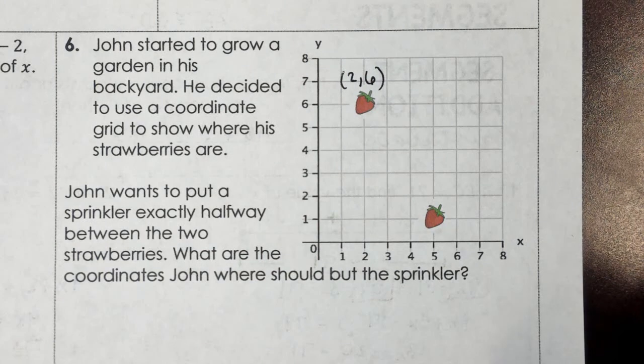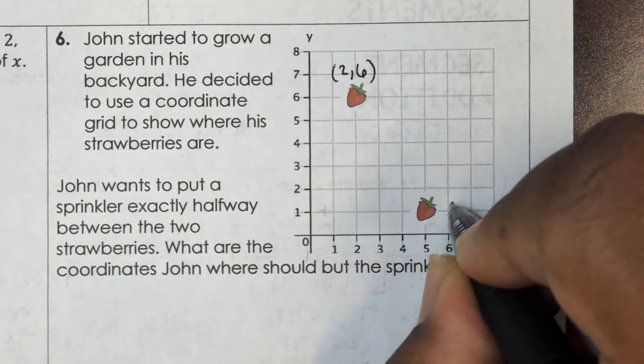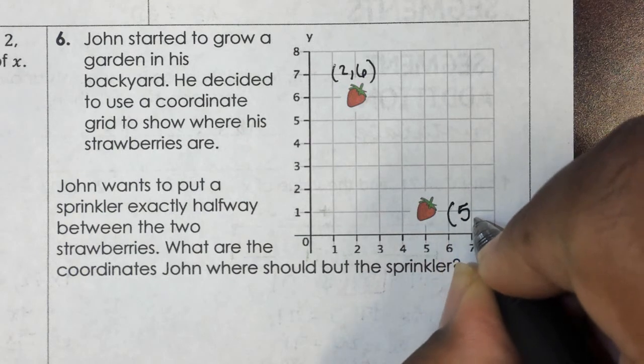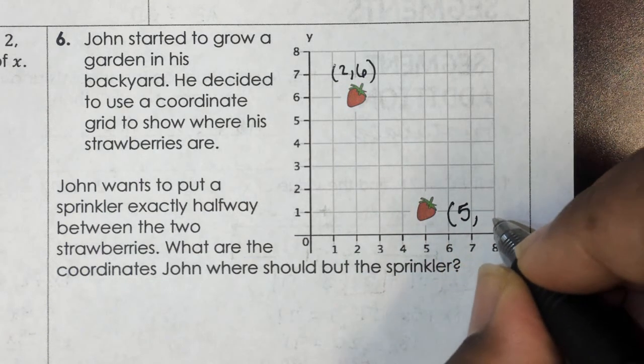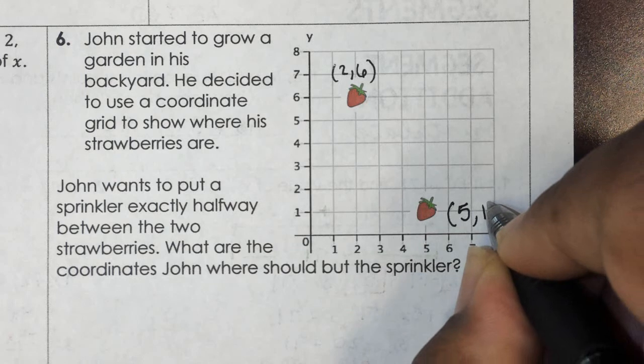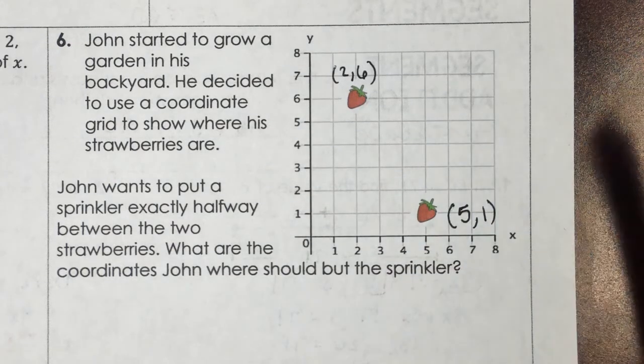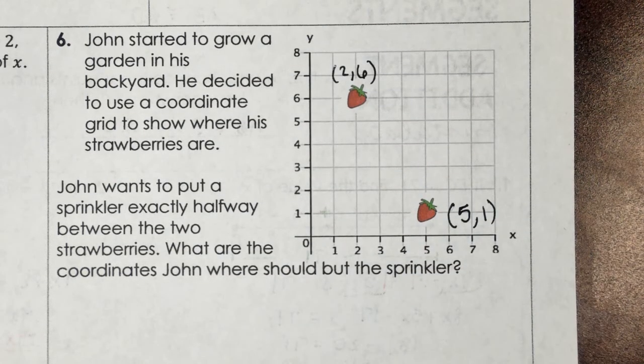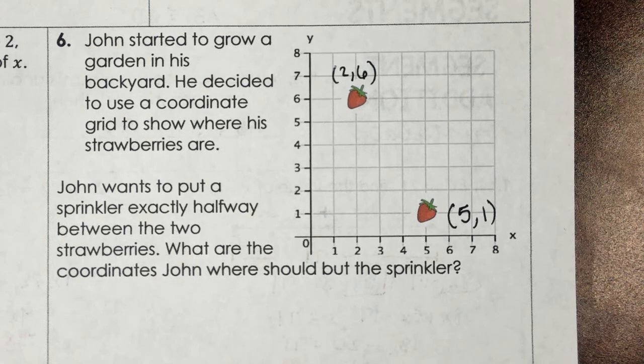The second strawberry, okay, so you got 5 and 1. But now they want to know where's the midpoint that they should put the sprinkler in.